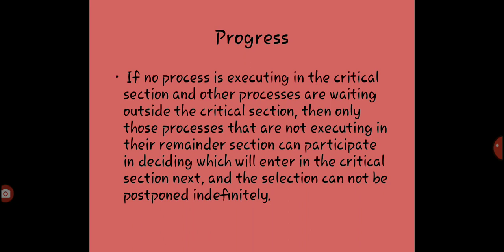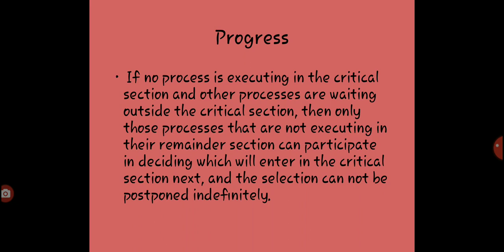That will be decided by the processes that are not participating in the critical section. There is one process executing inside a critical section, and many processes waiting outside, and there are also processes which are outside the critical section. Now the current process inside the critical section is over, and any one of the waiting processes can be taken into the critical section.